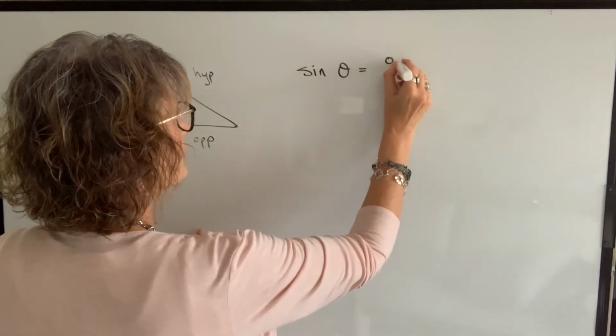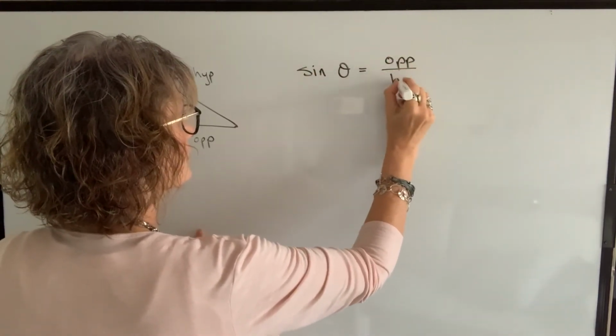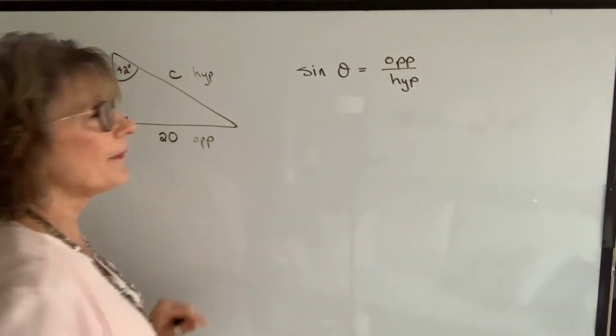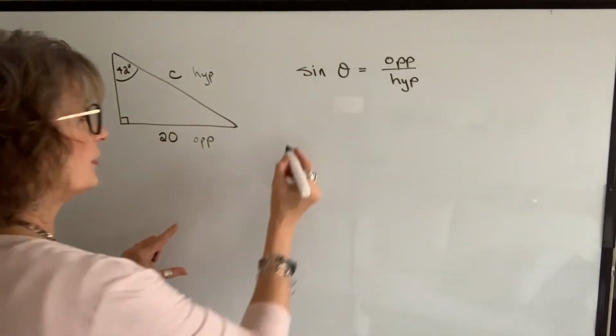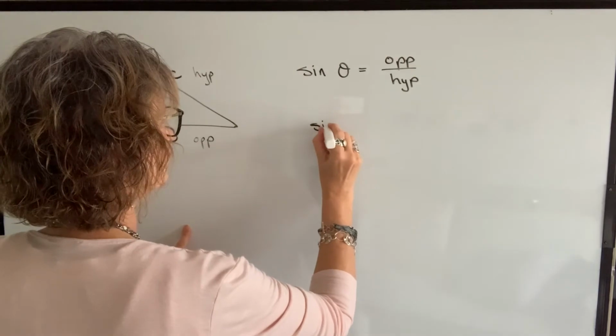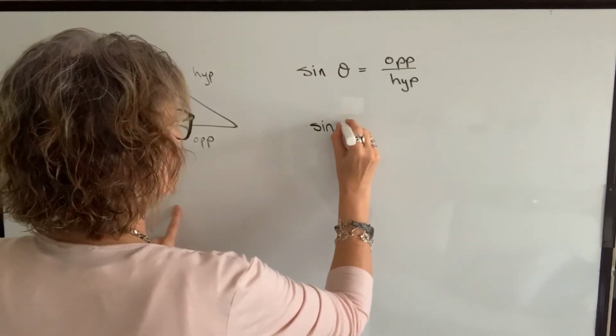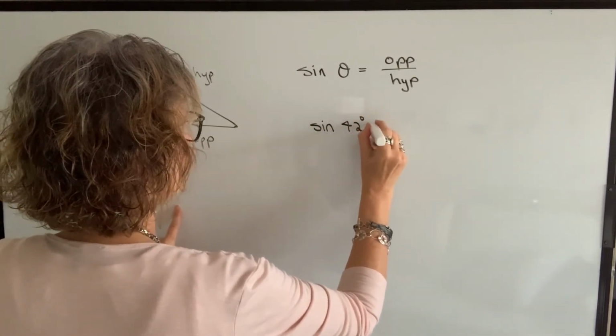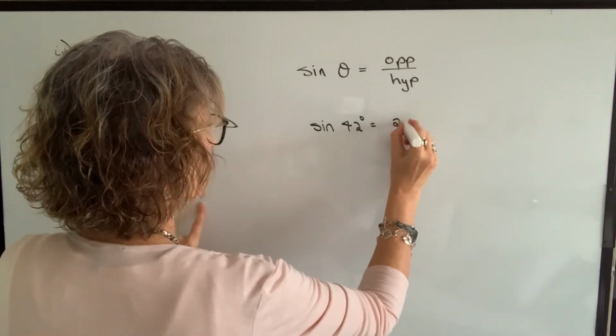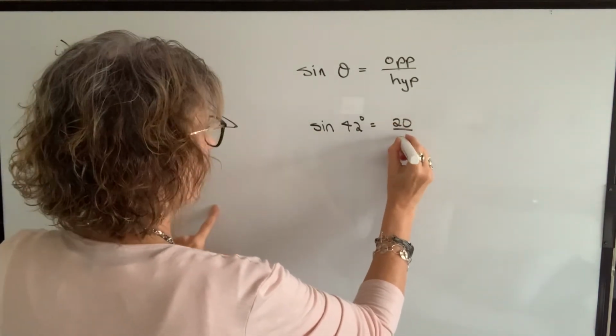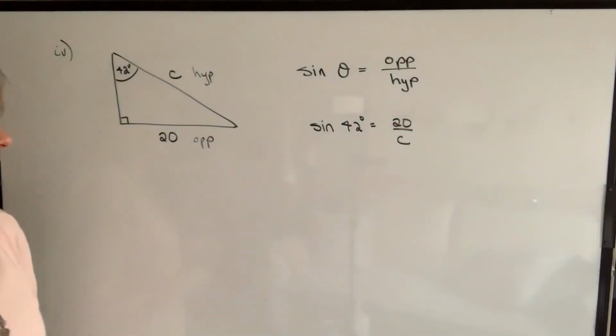So I'll write it out. And then again, we plug in the values that we know. We know our angle is 42 degrees. We're given the side opposite is 20, and we're finding the hypotenuse, which we're calling C.